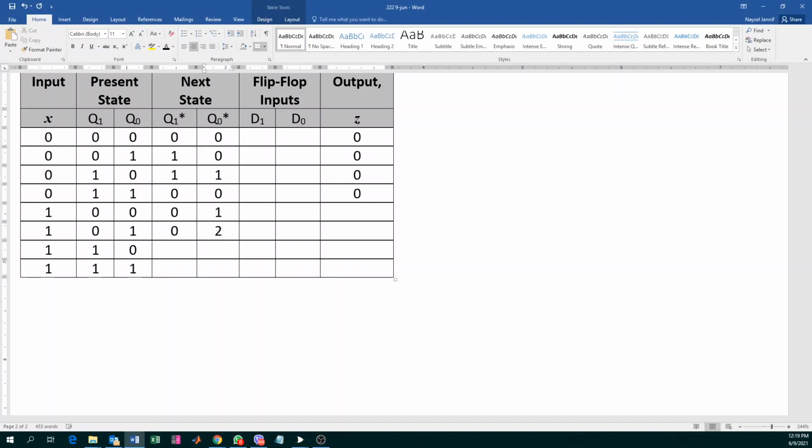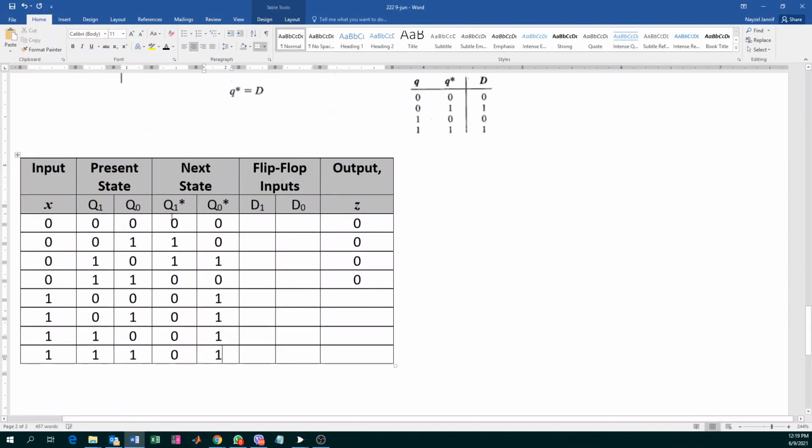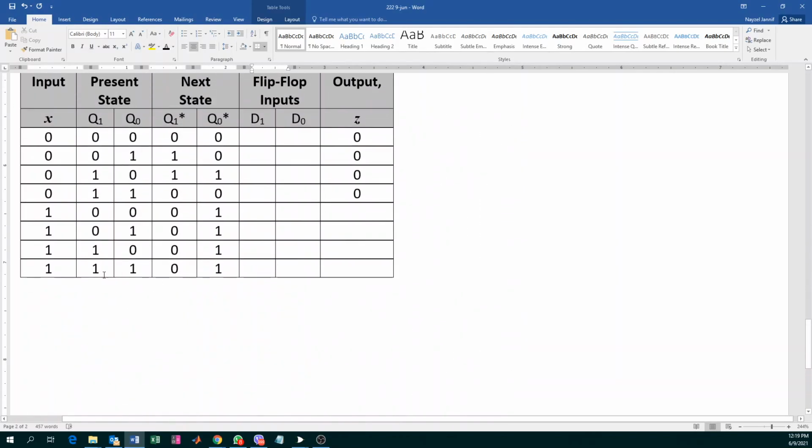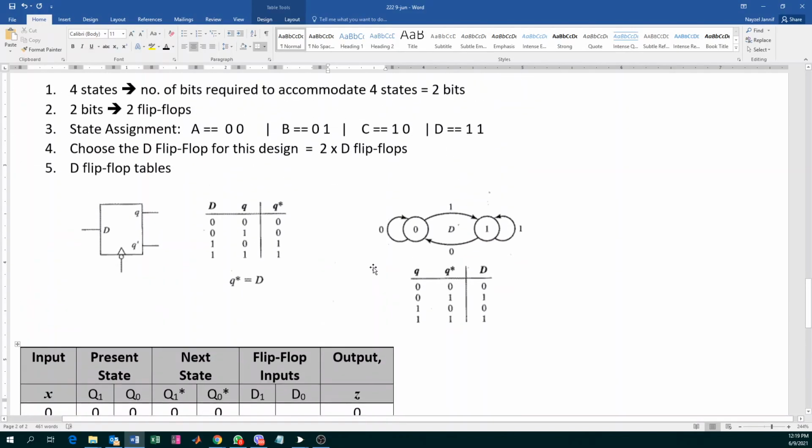And if you get a 1 in this particular scenario, where your current state is D, which is 1, 1, and your input is 1, you get an output of 1. All the other scenarios, you get an output of 0.